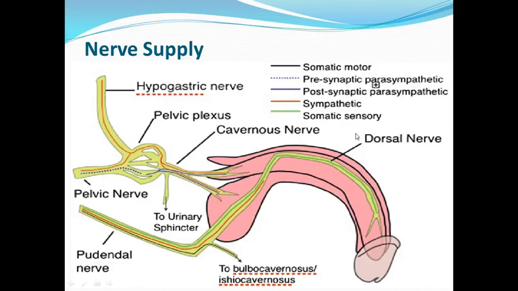The ilioinguinal nerve is not visible in this figure. So the sensory nerve supply of the penis is the dorsal nerve of the penis.